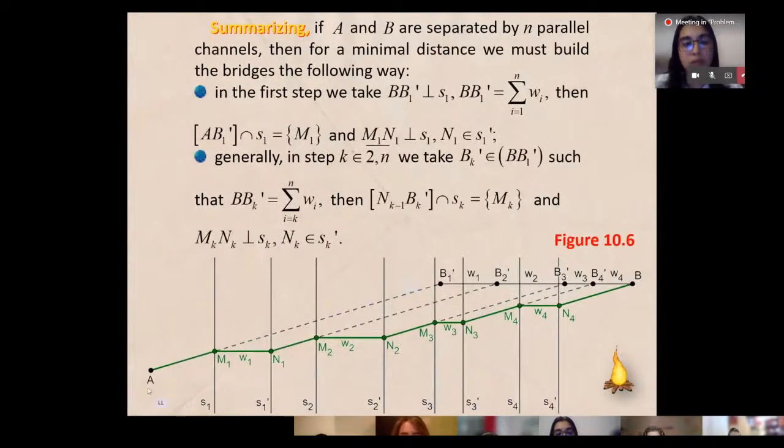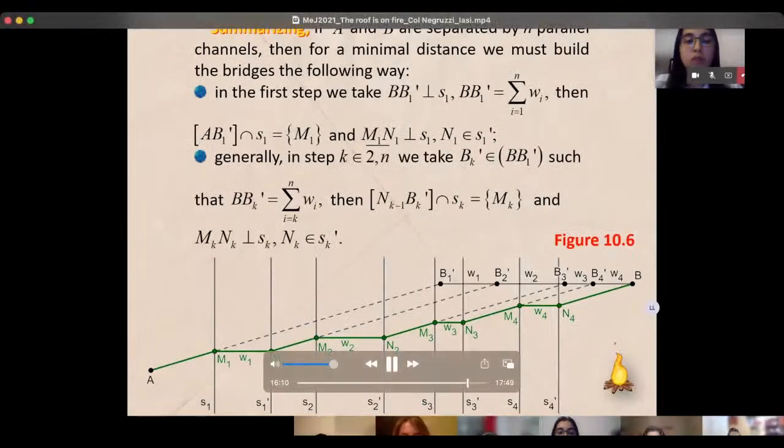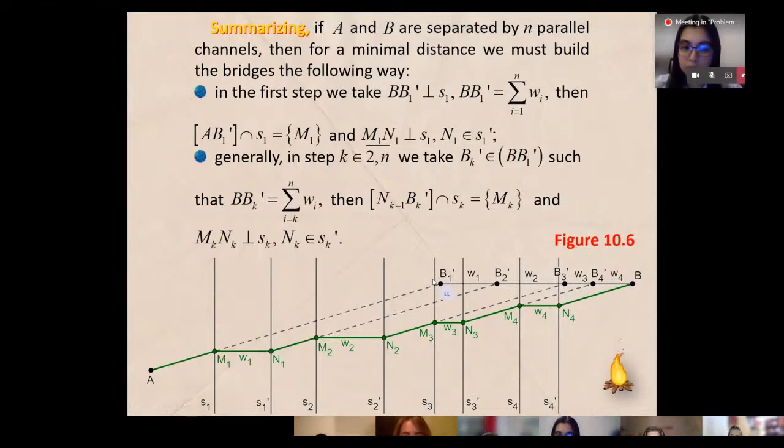Summarizing, if A and B are separated by n parallel channels, the way to build the bridges to ensure the minimal path from A to B is the following. We take point B1 prime, so that B1 prime B is orthogonal to the shore lines and B1 prime B is the sum of W1 to Wn. We intersect A B1 prime with shore S1 and we get M1, and we project it on S1 prime in N1.